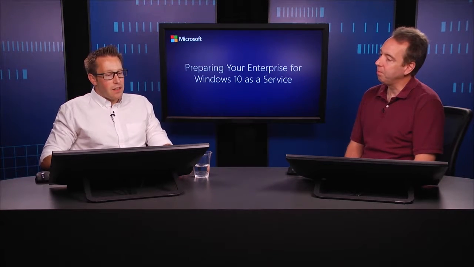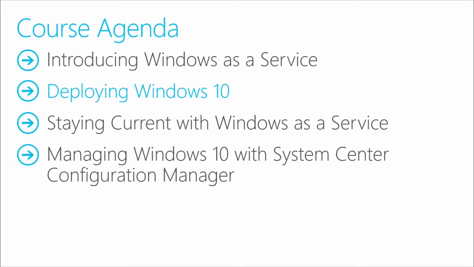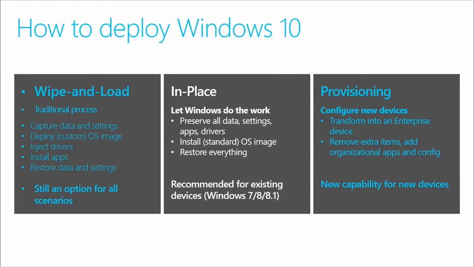So let's start off with our deploying Windows 10 agenda, and I guess the very first thing is things have changed from that previous process of maybe the only option being to delete what you had and then start afresh. We've got some new options. Yeah, we've been talking about that for quite a few years now.